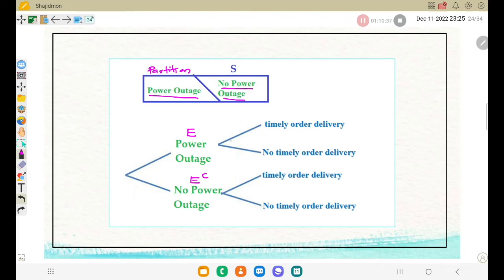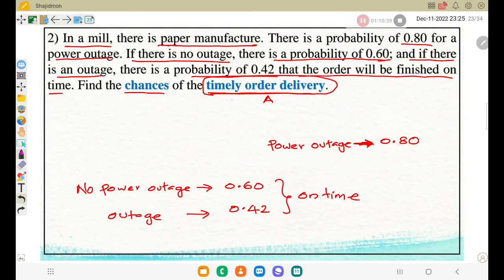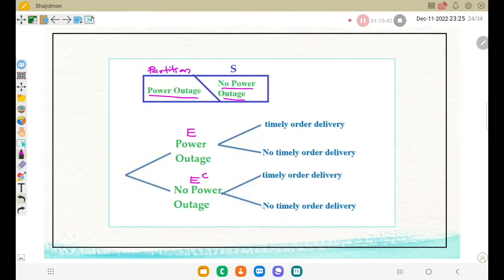Now what is our main event? Timely order delivery, correct? This is what we need to consider. I can take timely order delivery as A. Here also timely order delivery I can take as A. So if power outage, timely delivery. No power outage, timely delivery, correct? There is also no timely order delivery, but the event we are considering is timely order delivery.